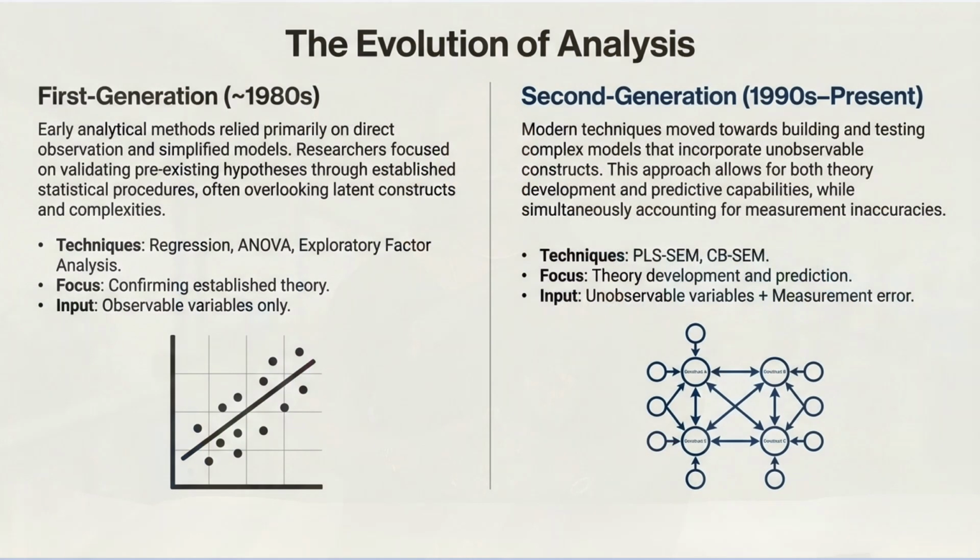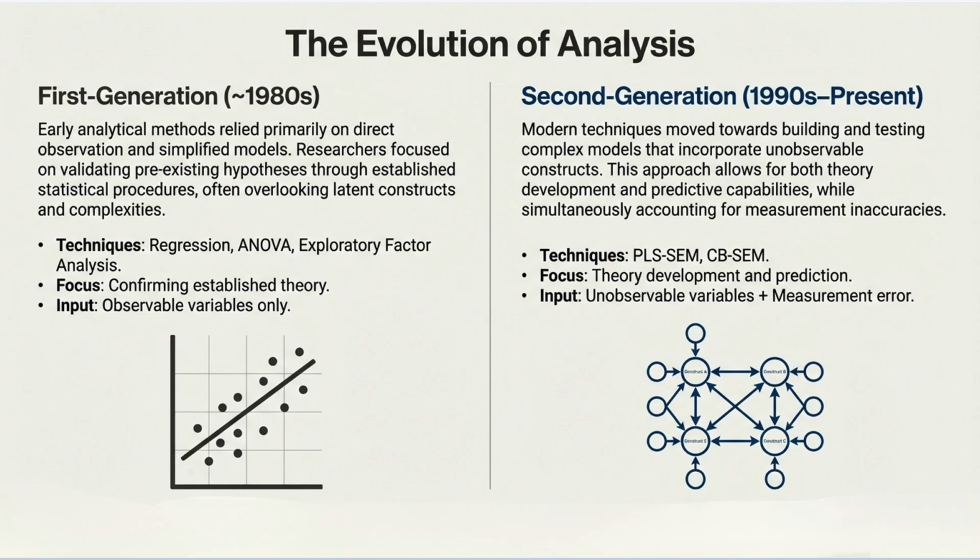Let me now explain how data analysis methods have evolved over time, moving from simple techniques to more advanced and powerful approaches. In the early days, researchers mainly used simple statistical techniques based on what they could directly observe and measure. These methods focused on testing existing theories and not on building new ones.